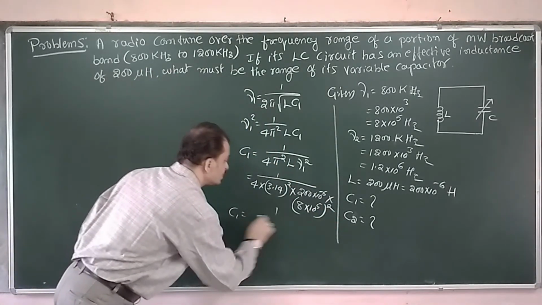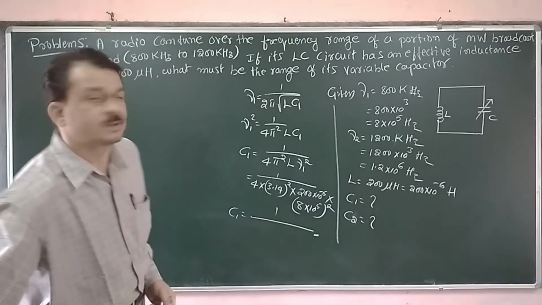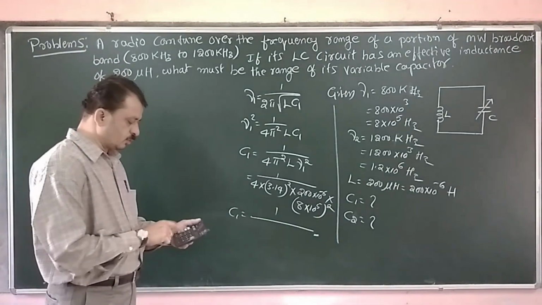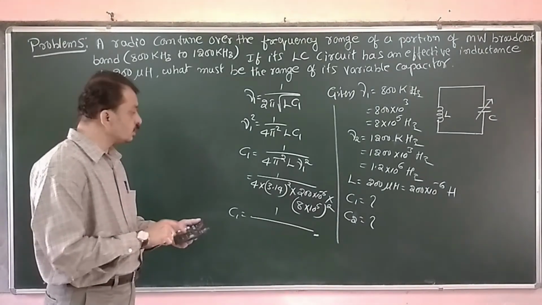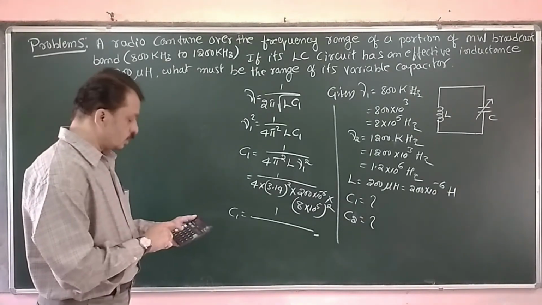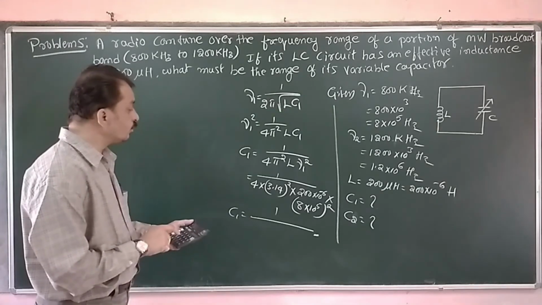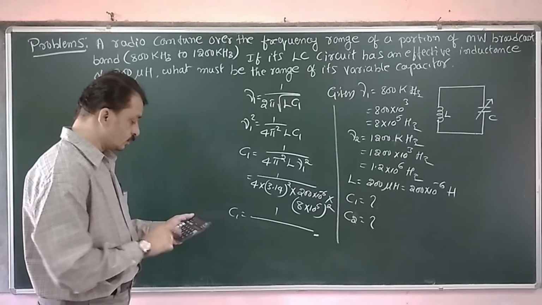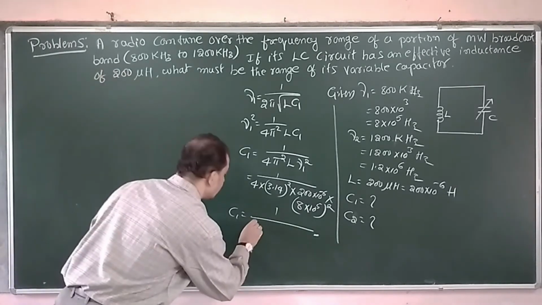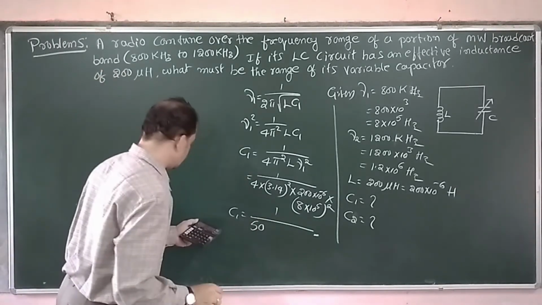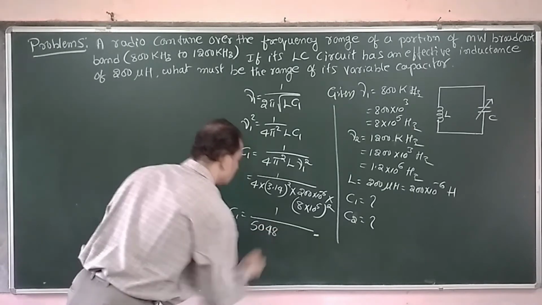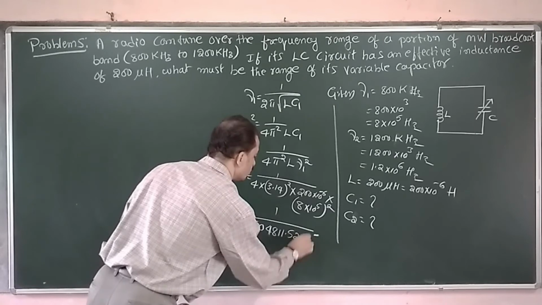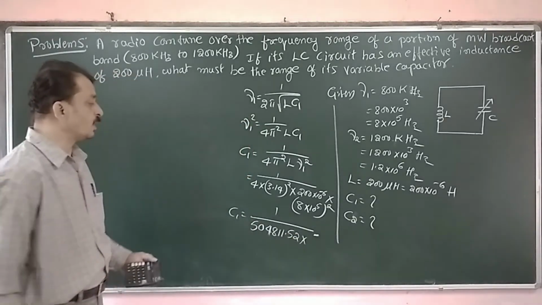Therefore, C1 is equal to, if I multiply that with the help of a calculator, 4 into 3.14 into 3.14 into 200 into 64. That is equal to, I am getting 504811.52. Now I have to adjust the power.